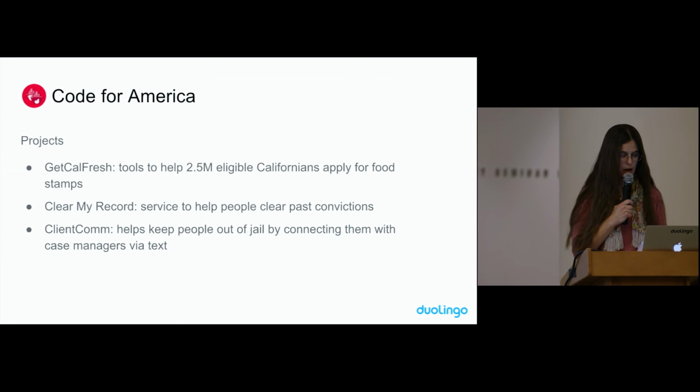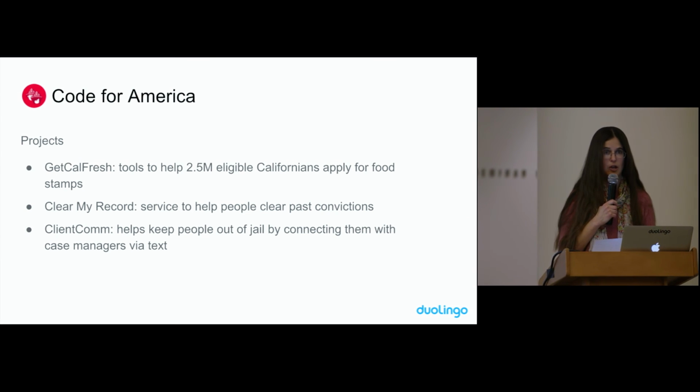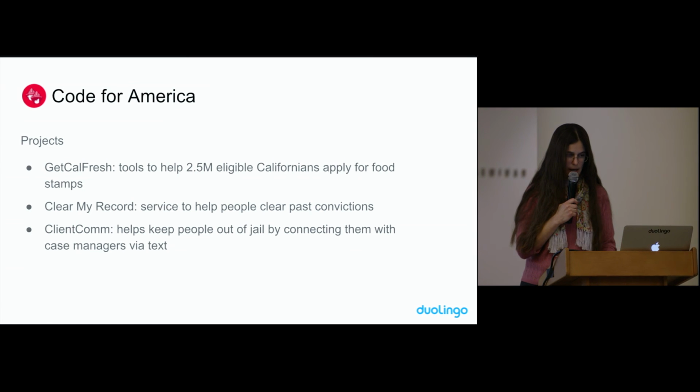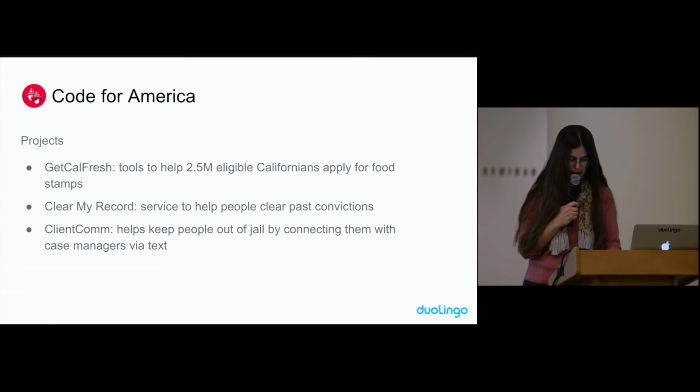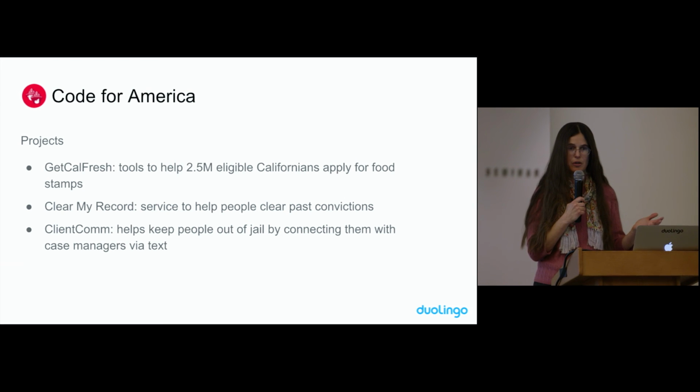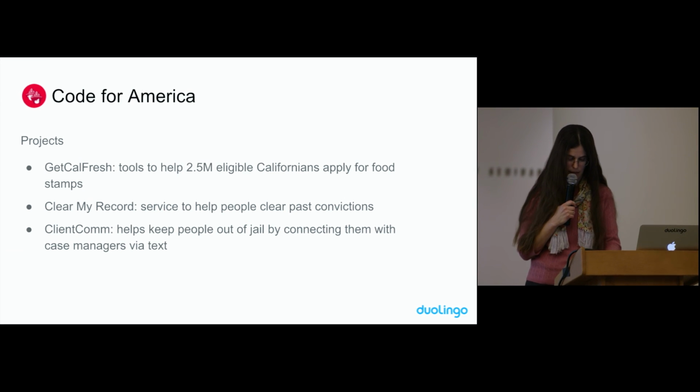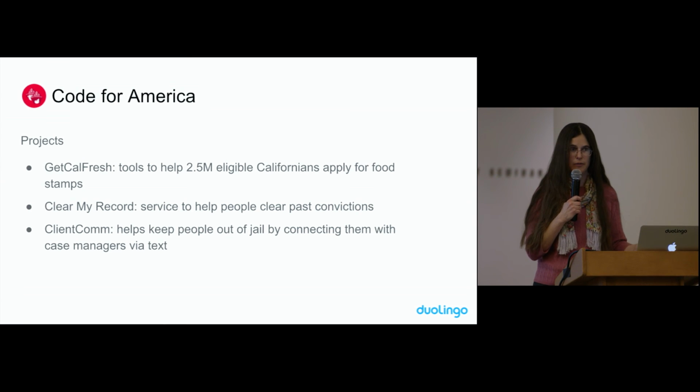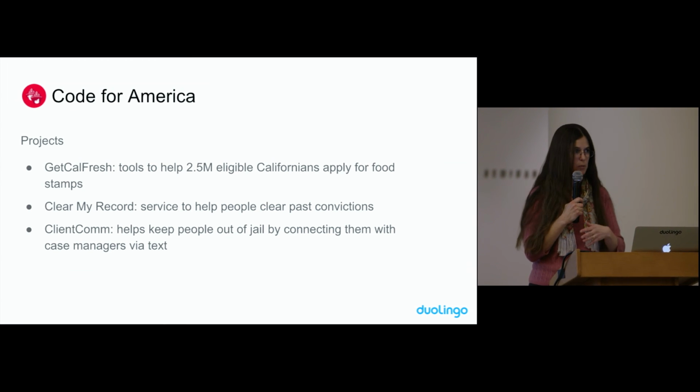The third online service they've created is something called ClientCom. This is again to work with folks who have come out of jail, and it helps the caseworkers for people who are on probation to communicate. Each caseworker has dozens of people they're working with.